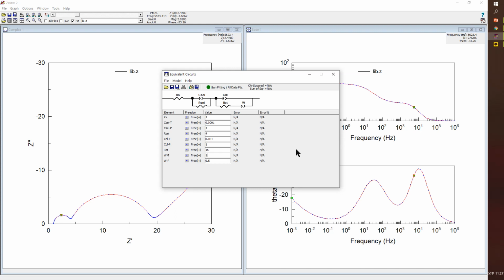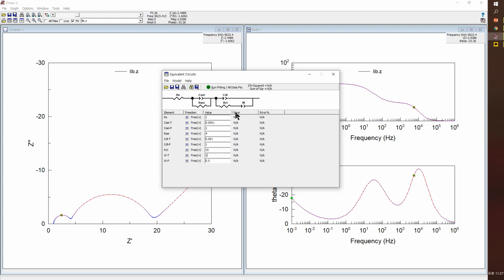Then we are ready. We have all initial values and we are ready. After just clicking this button, you could run fitting. Then you could find the values are changed inside of this box. So the initial value is a very important thing.